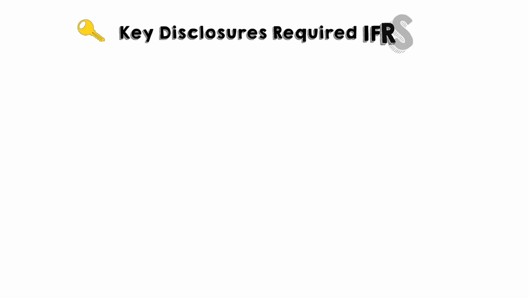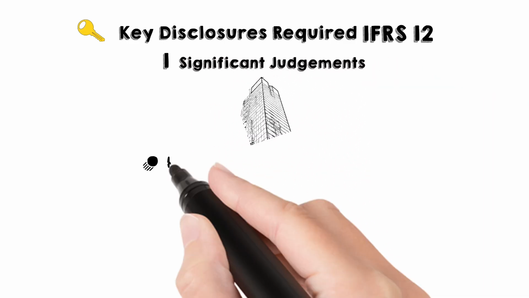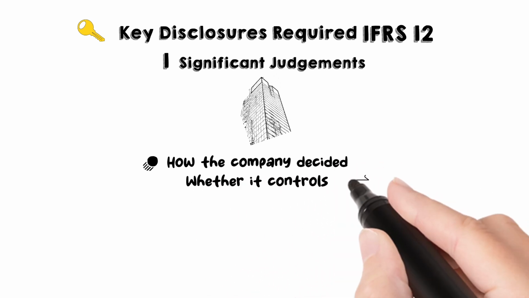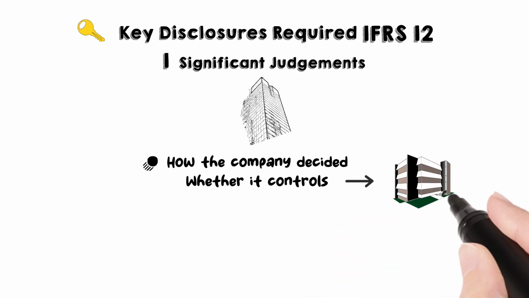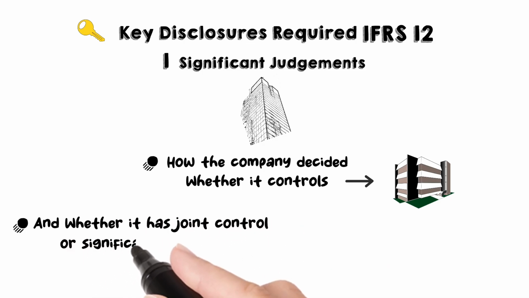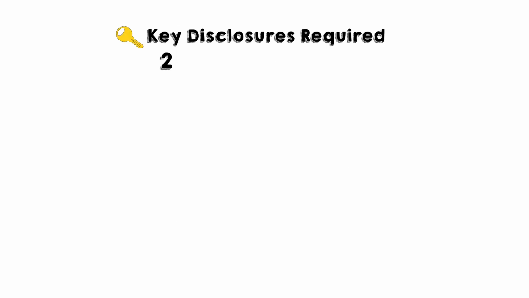Key disclosures required in IFRS 12. Number 1. Significant judgments: how the company decided whether it controls another entity and whether it has joint control or significant influence. Number 2.